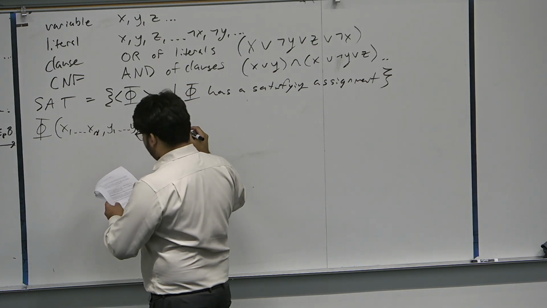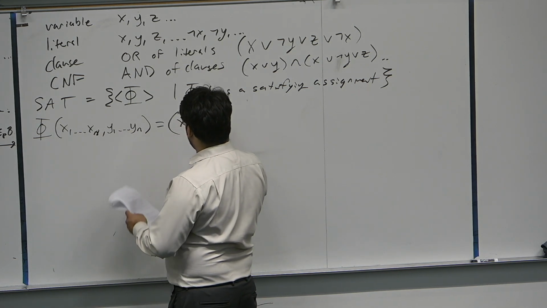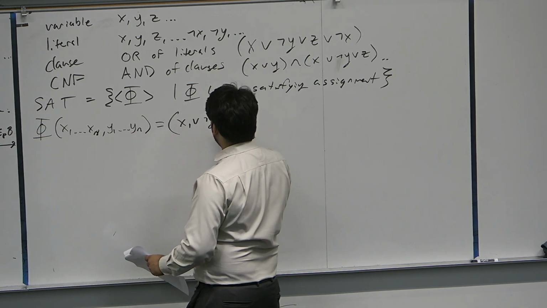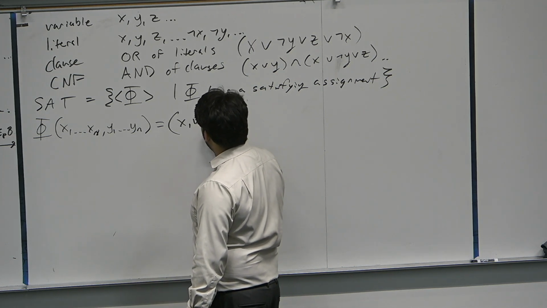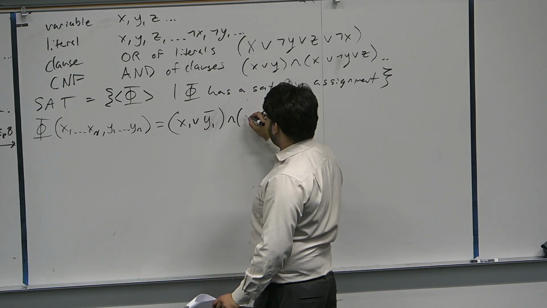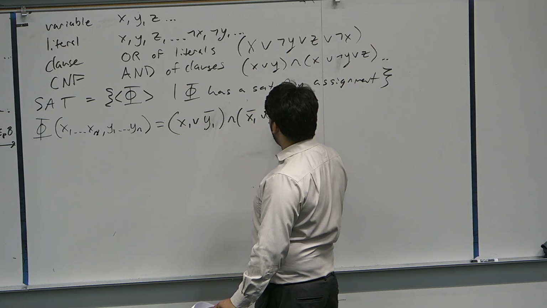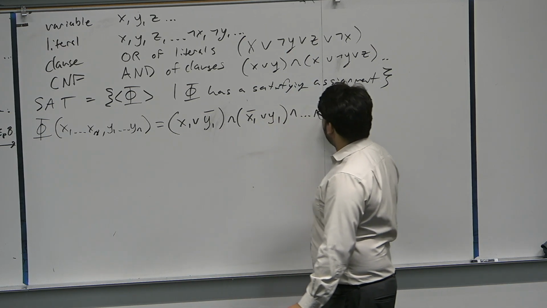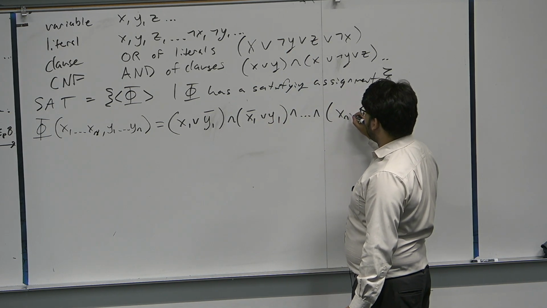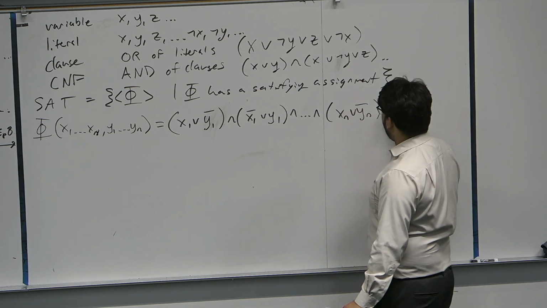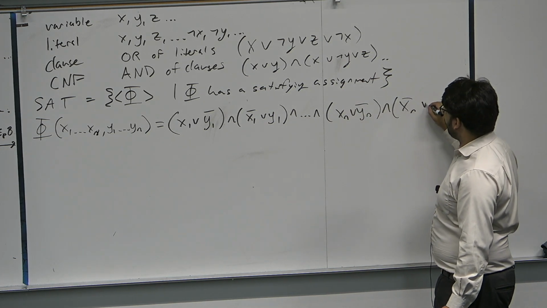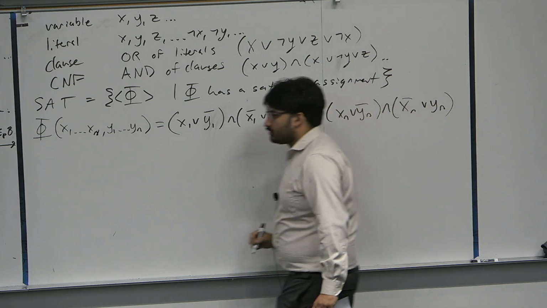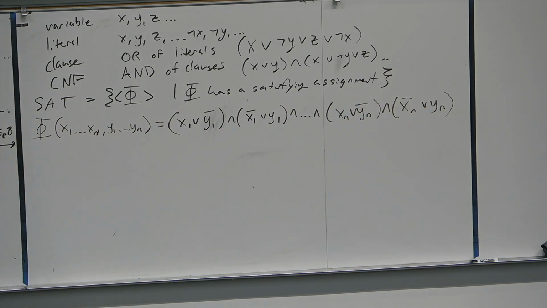And it's going to be x1 or not y1, and not x1 or y1, and so on, up to xn or not yn, and not xn or yn. Let's suppose we have a formula in CNF in such a way. What inputs satisfy the CNF?